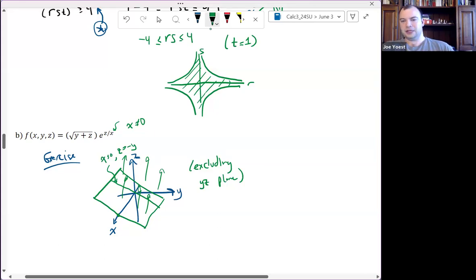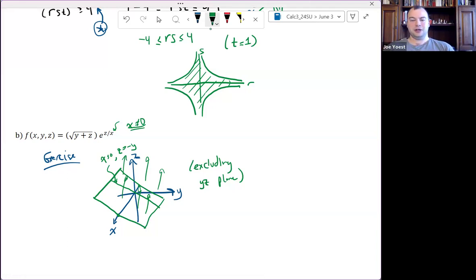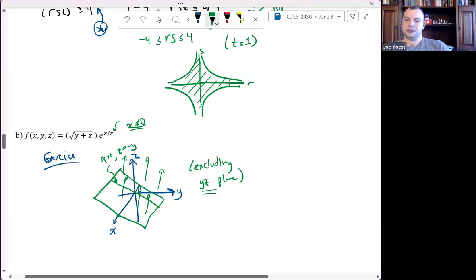We do not want to allow x equals 0. But this 45-degree plane that cuts through x and is 45 degrees in the YZ direction, anything on that plane or above it, as long as x isn't 0, as long as we're not in the YZ plane itself, would be a valid part of our domain.